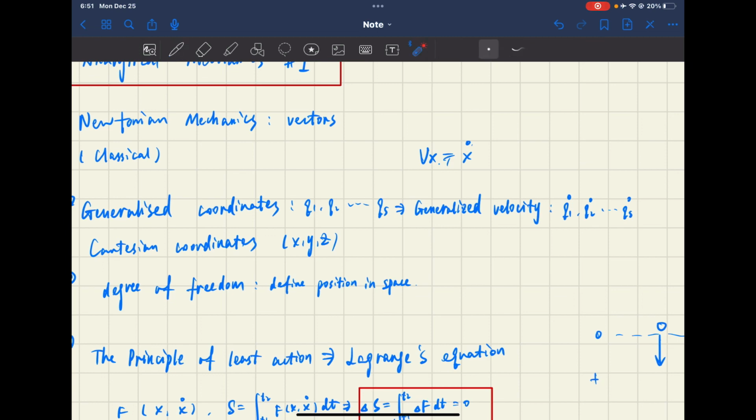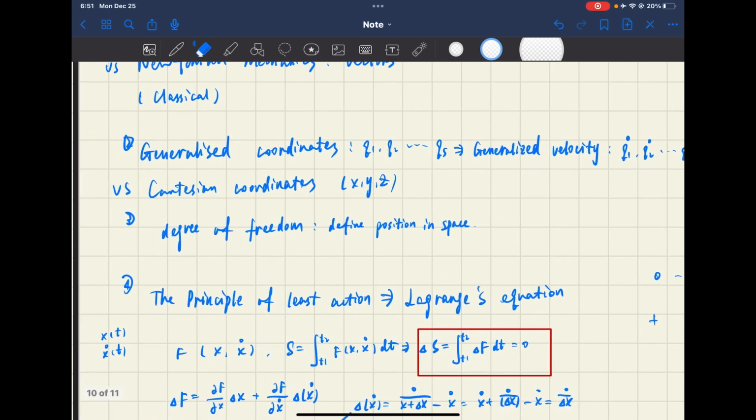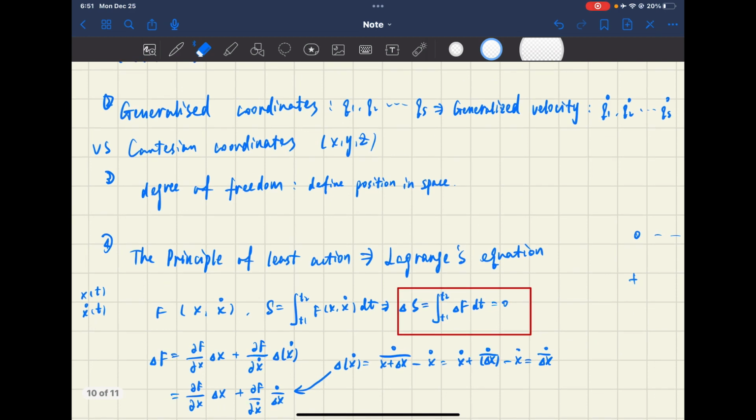By the way, if I put a dot on x, it means we're taking the derivative of x, and if I write two dots, I'm taking the derivative two times. We also write it like this, the derivative over time. So that will be generalized coordinates and generalized velocity, and degree of freedom.